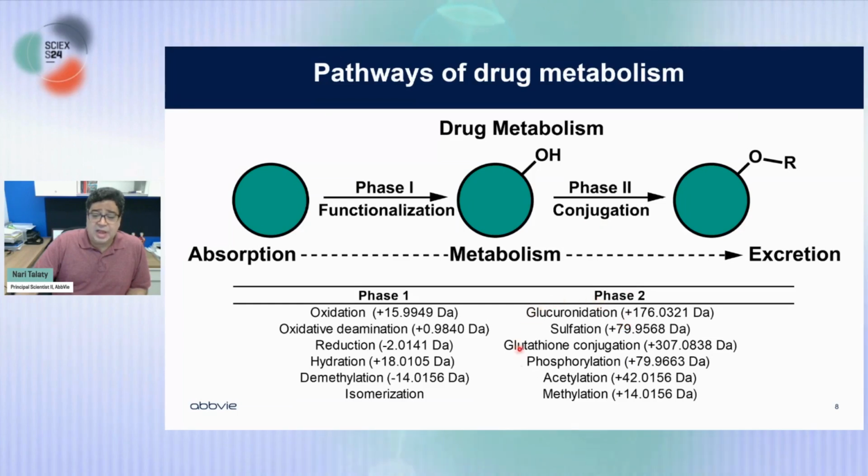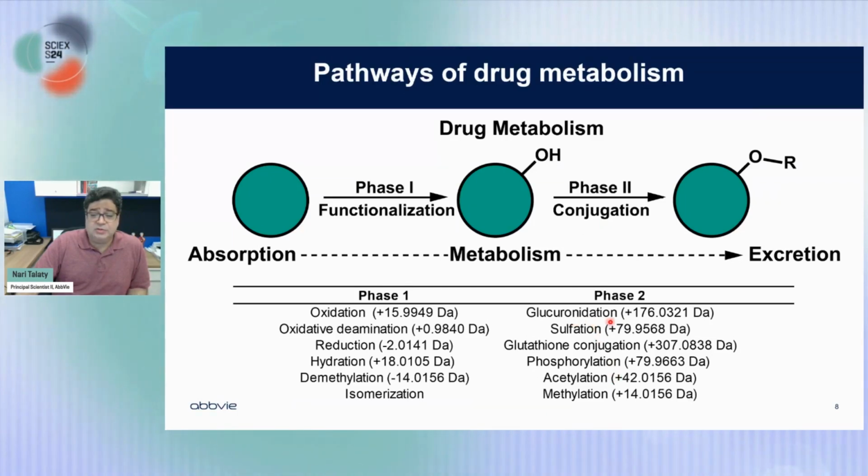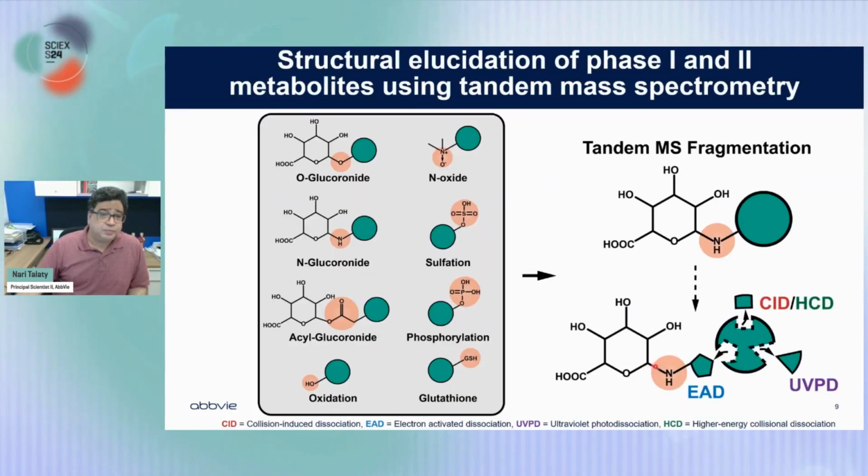And all of this happens so that the body can eliminate that drug, whether it goes out in the urine or in the feces. So these are your different phase 2, your glucuronidation, your sulfation, phosphorylation. You can see your phase 1 and your phase 2, and you're trying to measure that basically across the board for your ADME.